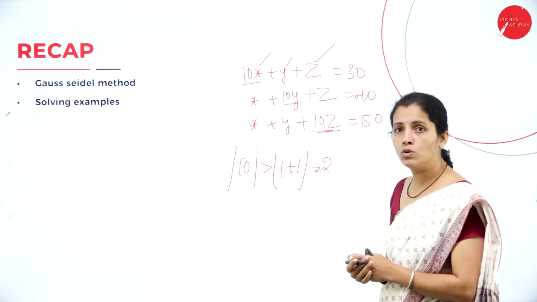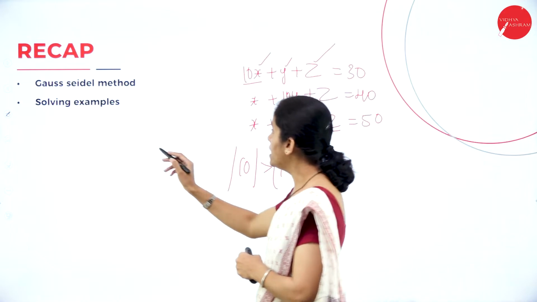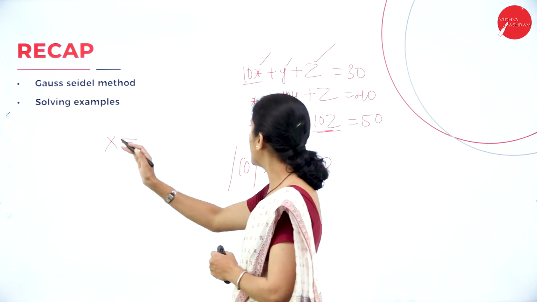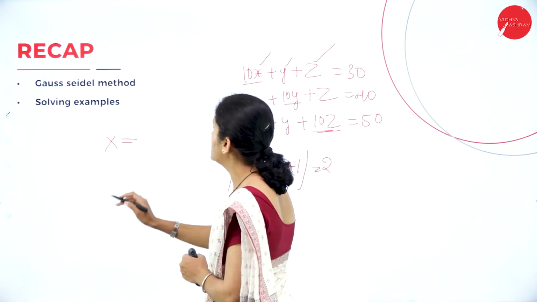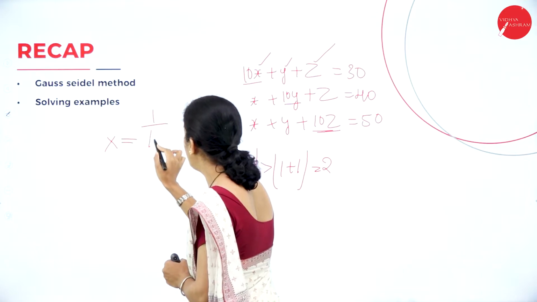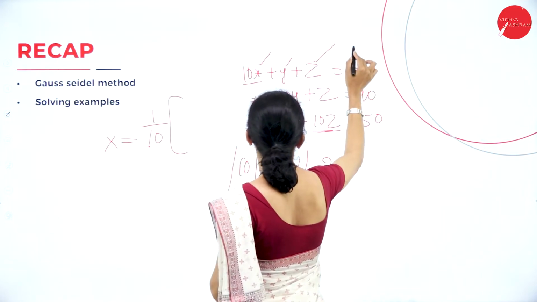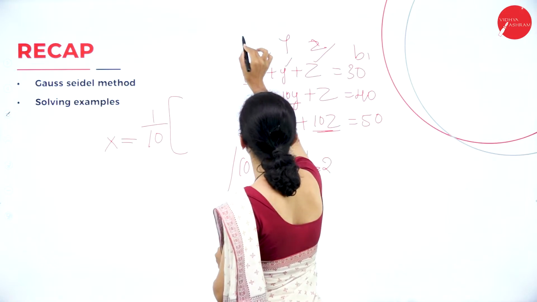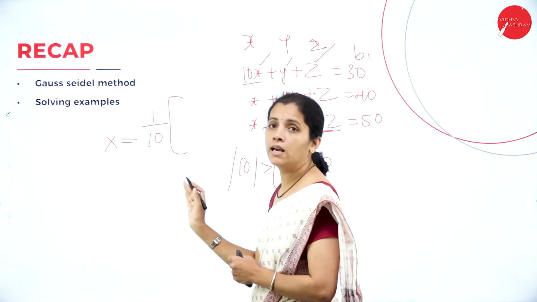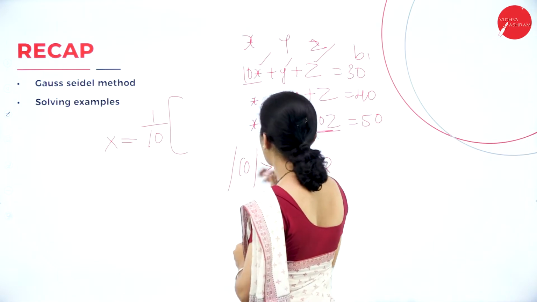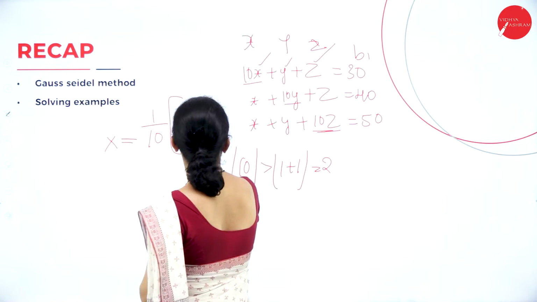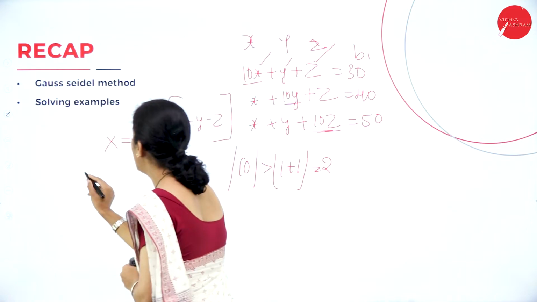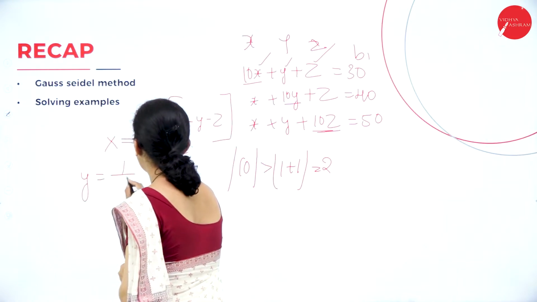After that, what I want to do? To find the x value, I'm going to take x outside. Okay, when I take x outside, I'll get 1 by 10. Then this is my b1, this is my z, y and x. When I take x outside, I have b1 minus y minus z. Now, to find out y, I'll take y outside.